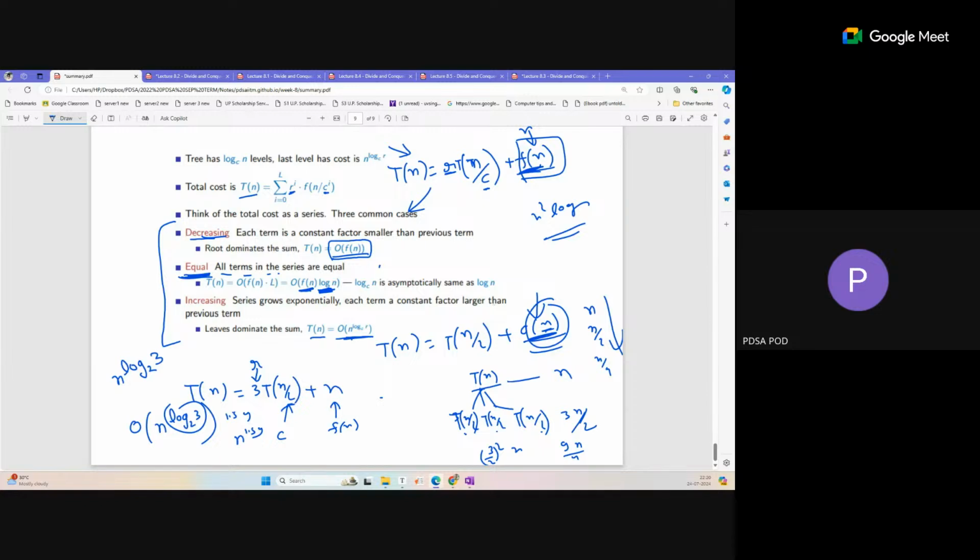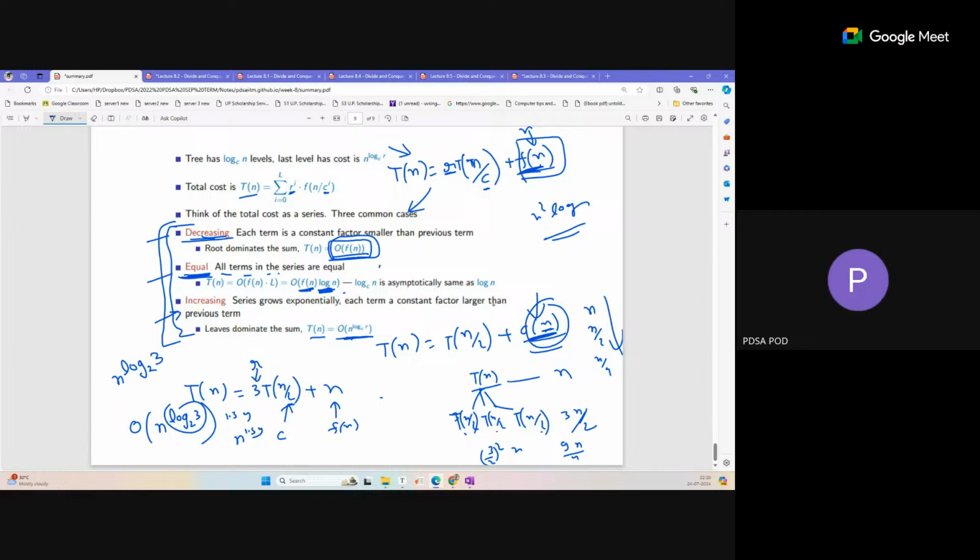So you can just remember these 3 points after expanding the tree. First, expand and make the tree and figure out the number of operations at each level. Just figure out the pattern: the number of operations are same, increasing or decreasing. Based on those 3 conditions, you can directly calculate the complexity. If decreasing, just directly write the f(n) complexity.